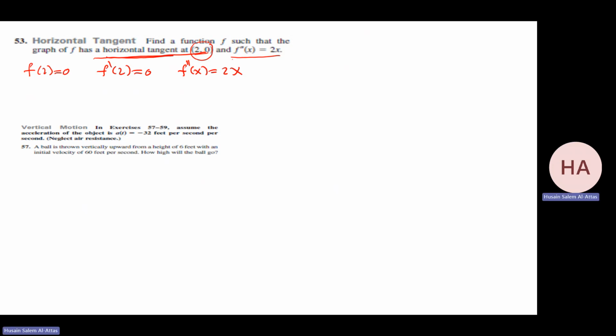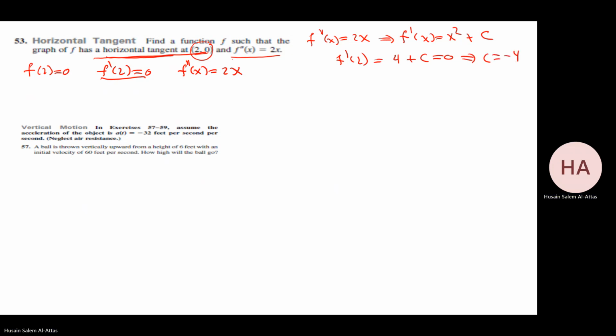So it's like a differential equation. So I have f double prime equal to x. So f prime will be x squared plus c. Use this. F prime at 2 equals 4 plus c equals 0. So c equals minus 4. Okay. So my function f prime is x squared minus 4.